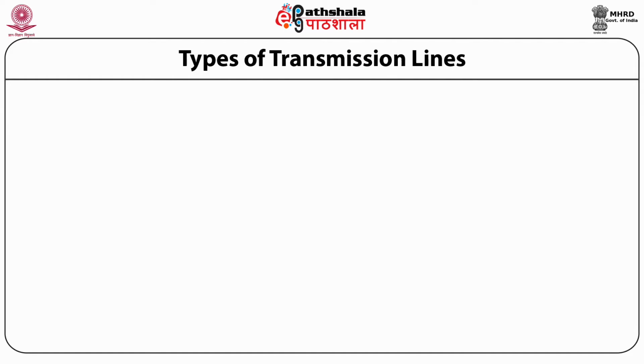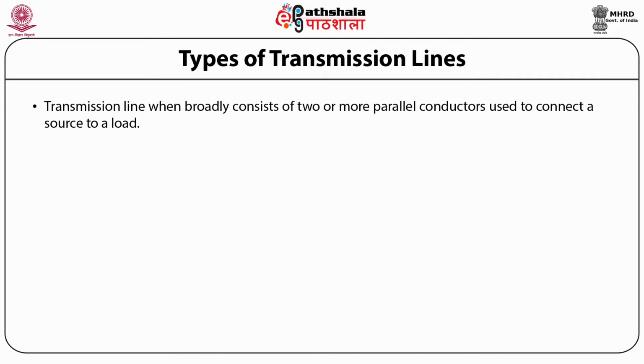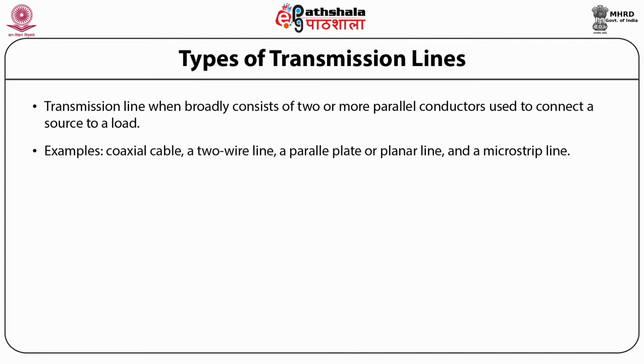Let us now discuss the types of transmission lines. A transmission line broadly consists of two or more parallel conductors which are used to connect a source to the load. Examples are coaxial cable, a two-wire line, a parallel plate or planar line, and a microstrip line.